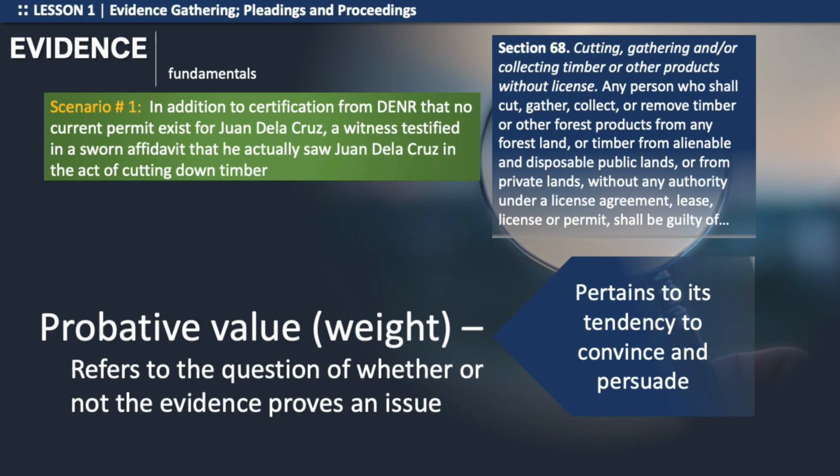The proof of Juan de la Cruz cutting down timber is a witness who actually saw him firsthand. So the sworn affidavit of that witness does have probative value, because it's evidence that proves an issue. The issue here is whether he cut or not, and the testimony through a sworn affidavit indicates that the witness saw firsthand, so this person has personal knowledge of one actually cutting down timber. So it has probative value.